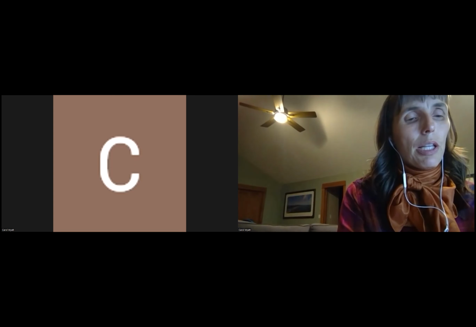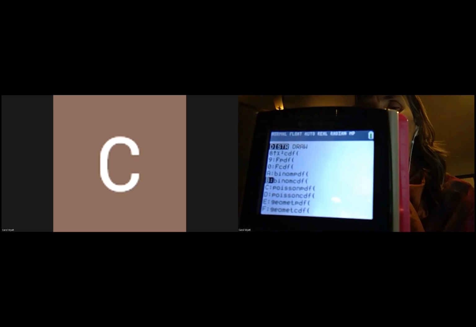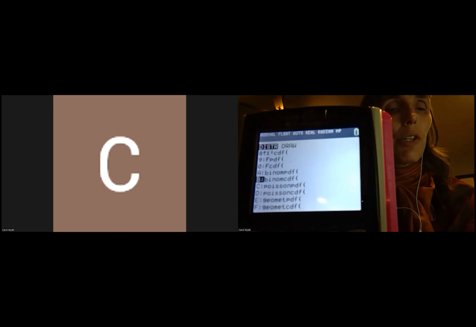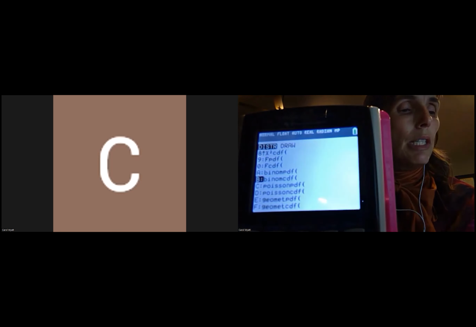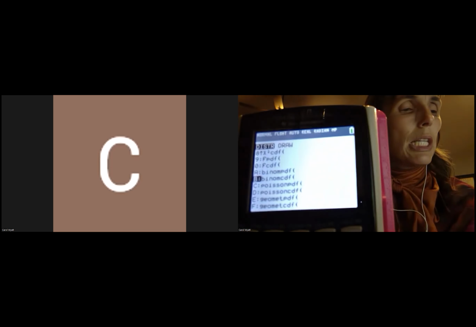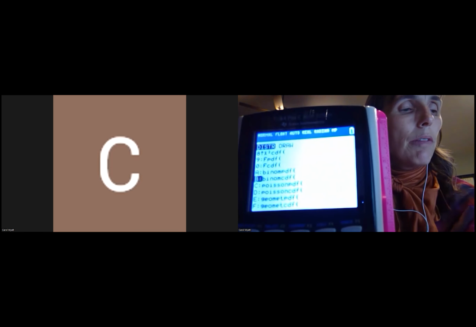If I go to second, distribution, and I go down to where it says binomcdf right there. That stands for binomial cumulative density function. In binomcdf, cumulative stands for adding up several options.